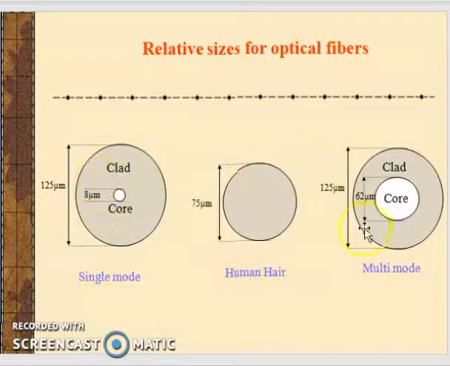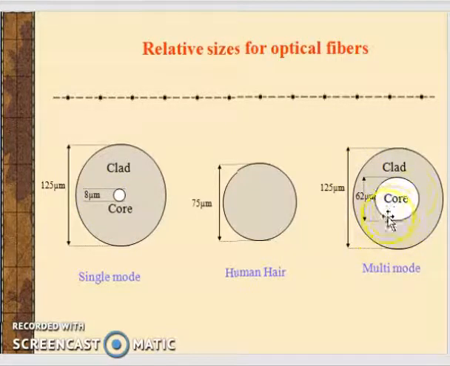This picture shows the relative size of optical fiber cables. The core diameter is 8 micrometer and the clad diameter is 125 micrometer. This is the single mode optical fiber cable. This is the multi-mode optical fiber cable.